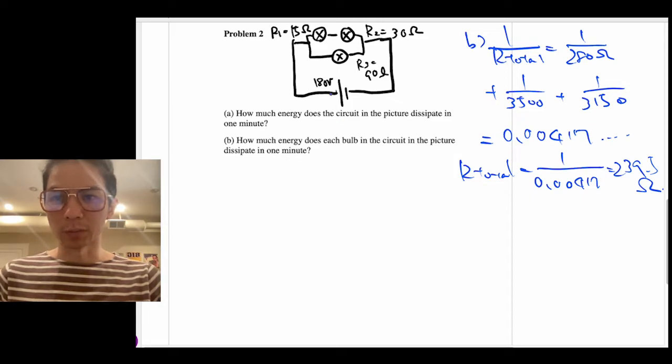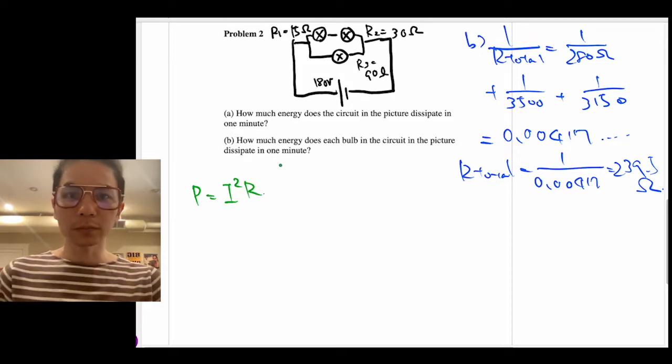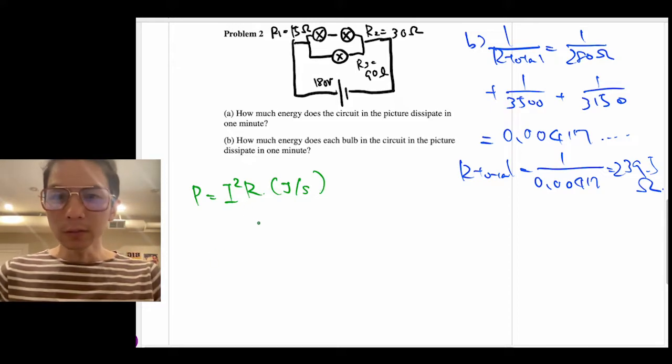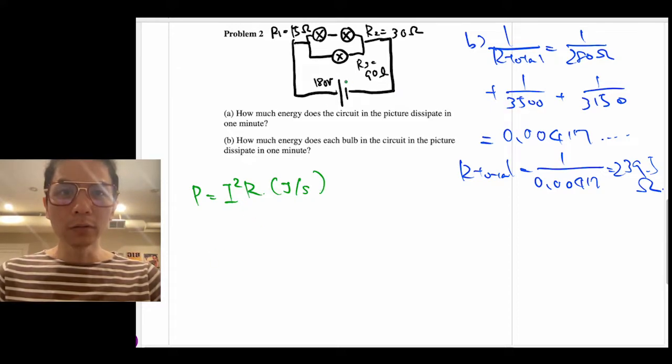So this is an energy problem, so you want to use Joule's law, which is P equals I squared R, and the unit is joule per second. Here, we know all R, but we don't know I. So our job is to get I.